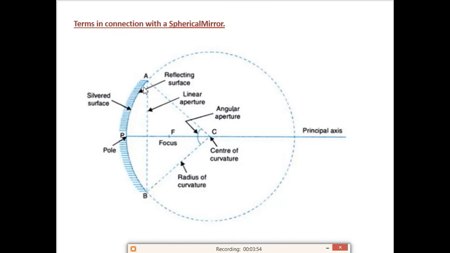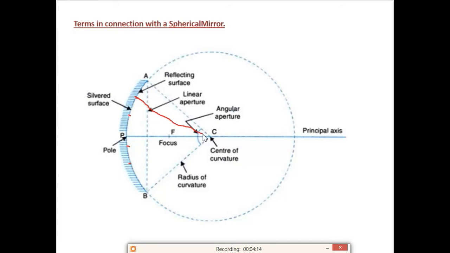So a line joining any point on the spherical mirror. Suppose this is the point, or this point, or this point, any point on the spherical mirror and the center of curvature.